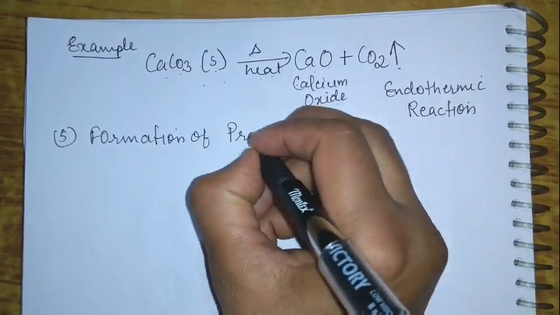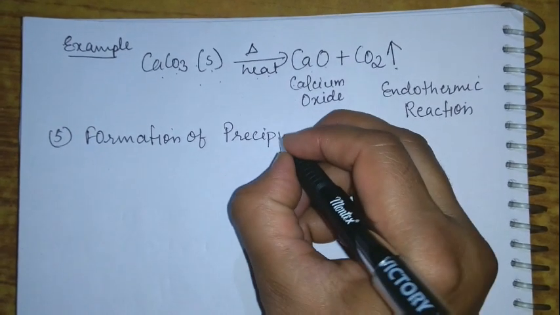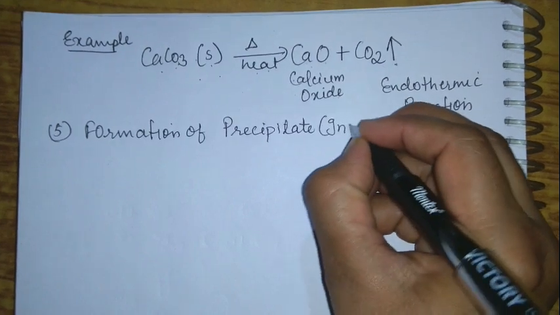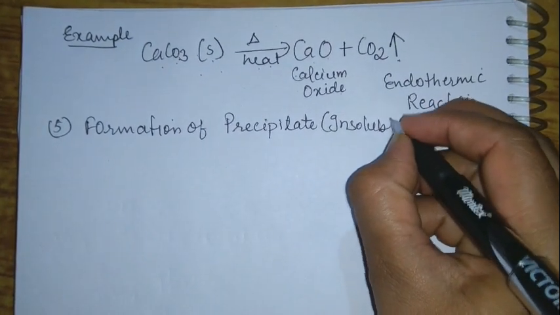precipitate. अब precipitate क्या होता है? Precipitate means a insoluble solid substance.